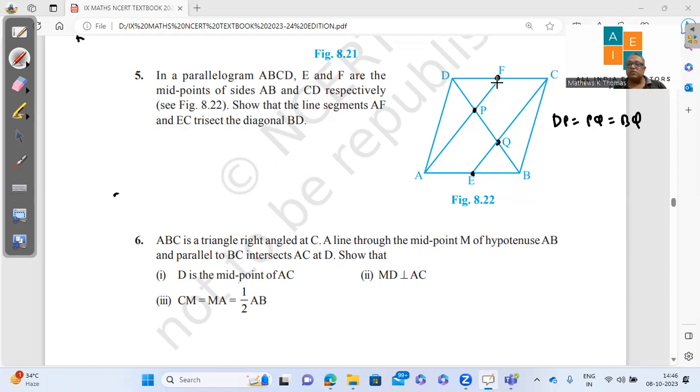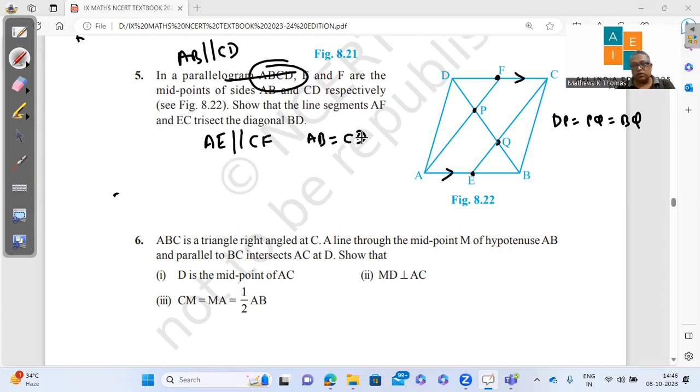But firstly, we need to prove that the figure AECF is a parallelogram. It is already given that ABCD is a parallelogram. So AE and CF are parallel because AB and CD are parallel. And we know that AB is equal to CD, since opposite sides of a parallelogram are equal.